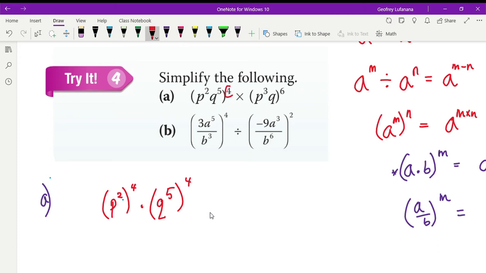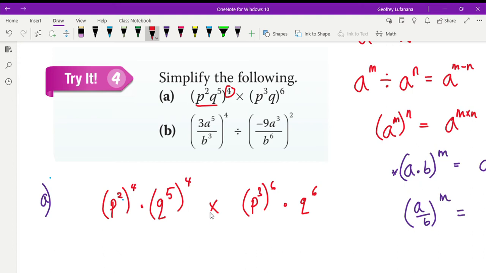This power is distributing on everything inside, and I'm still multiplying that with p cubed to the power 6. Q is to the power 1, so q to the power 6.